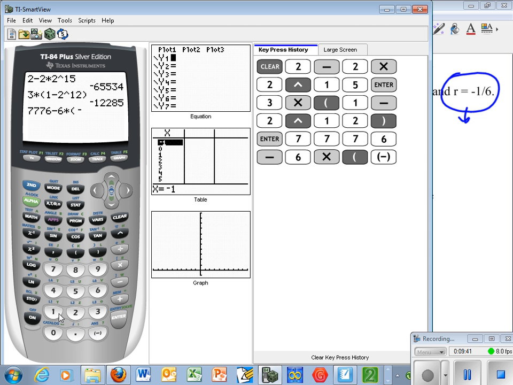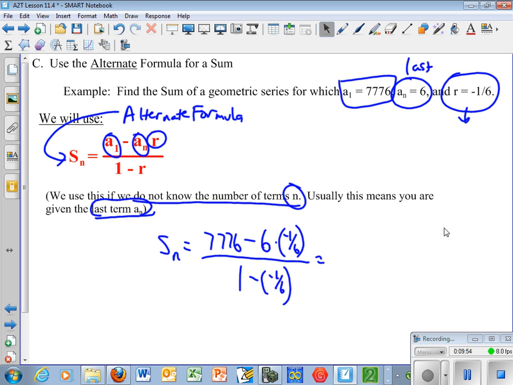So negative 1 divided by 6. So there's the top. Let's see what that's equal to. 7,777. So on top I get 7,777.